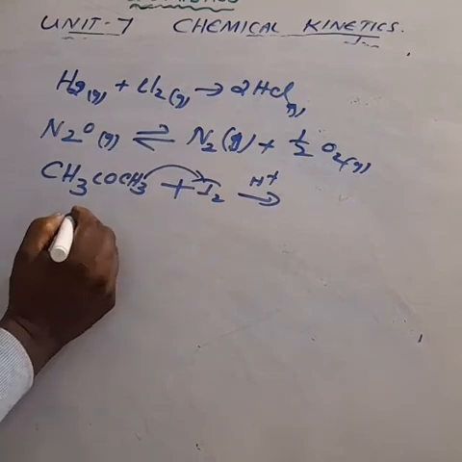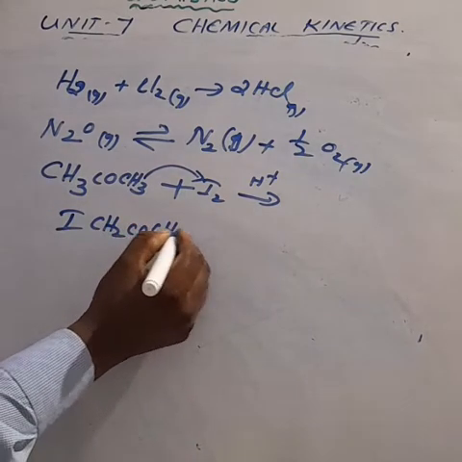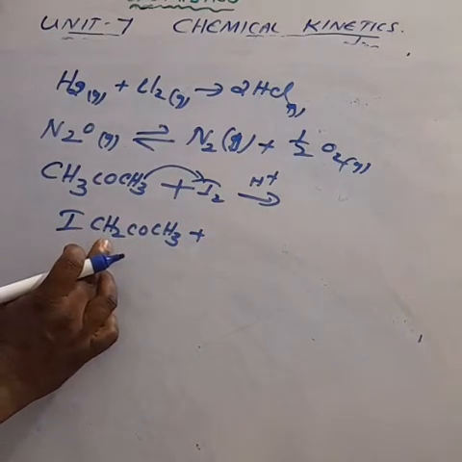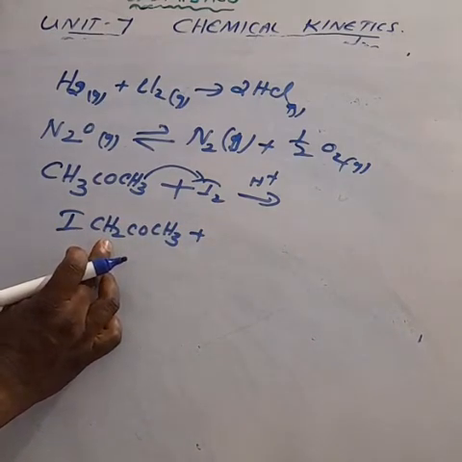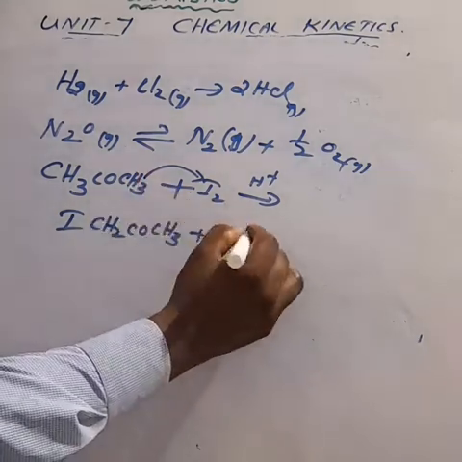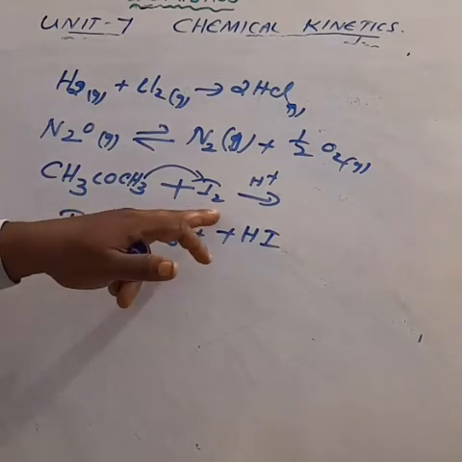We get ICH2COCH3, and also one of the hydrogen combines with iodine, we get hydrogen iodide.